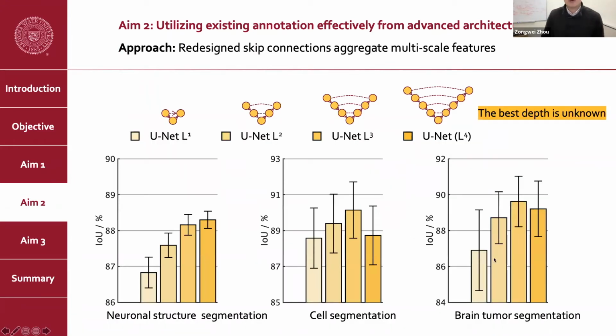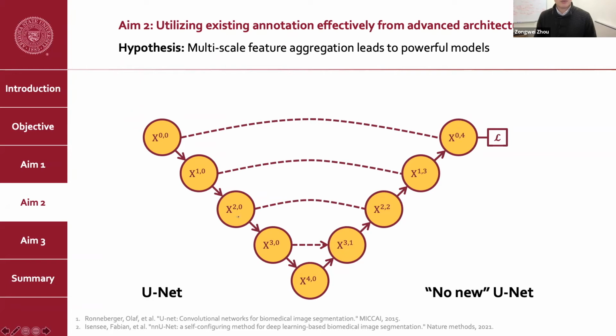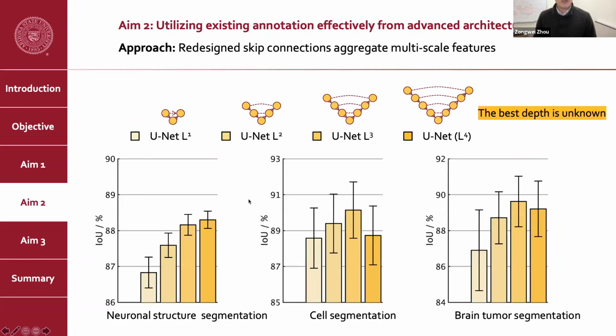Why is that so? We compare the performance of UNet with different levels. So this is the original UNet with 4 levels, 1, 2, 3, 4. And we compare the UNet with level 1, level 2, level 3, level 4, because they're using different levels of image representation.